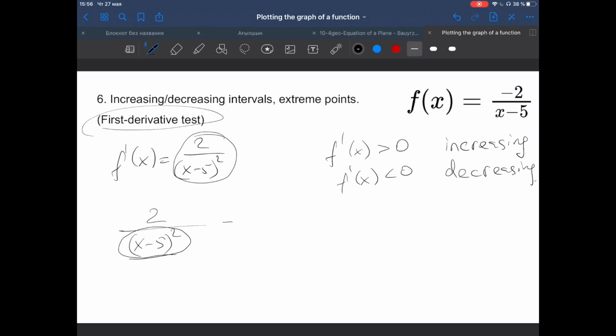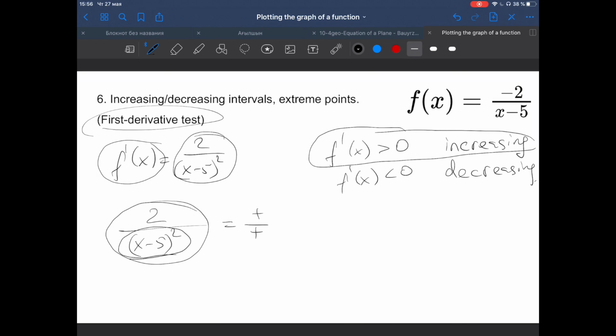It means we just divide positive number by positive number. From that we can say this fraction will be always positive number. And we can say that our derivative, the first derivative, will be always positive. It means our function, our graph, always increasing. Okay, we don't have interval where our function is decreasing.